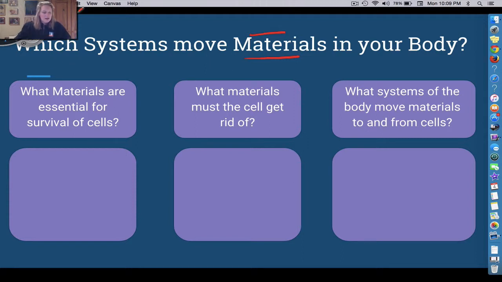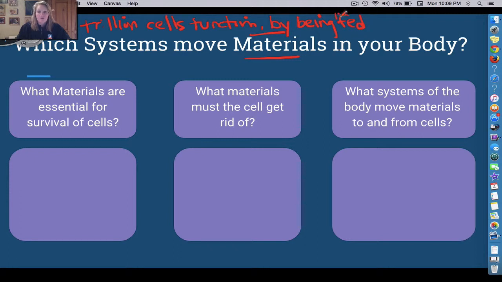So in general, your 100 trillion cells function by being "fed."